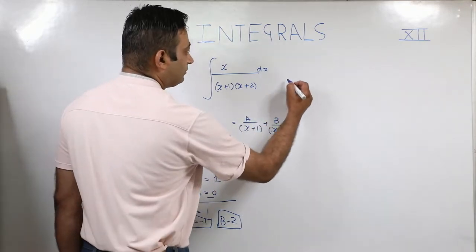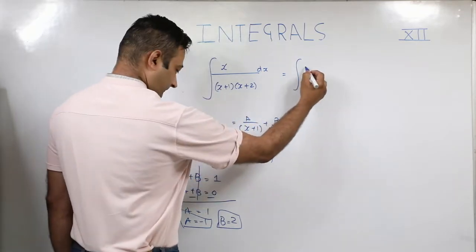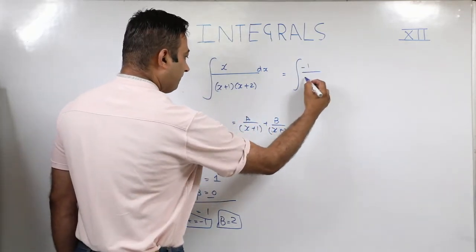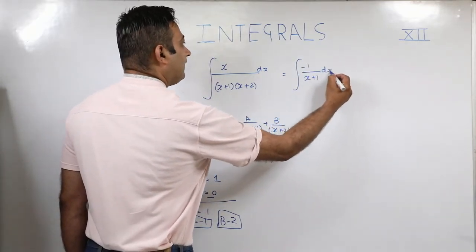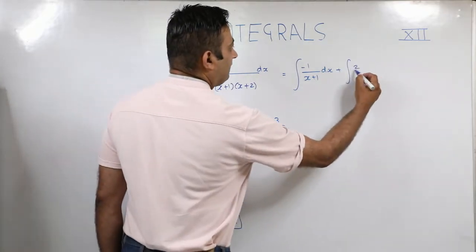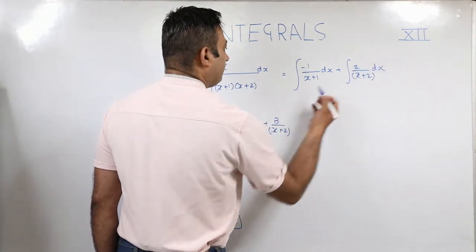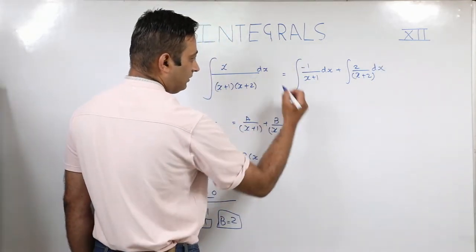So these are the values of a and b. Now we will use the partial fractions to split this. We'll get a, that is minus 1 upon x plus 1 dx, plus the second part, which is 2, that is b, upon x plus 2 dx. Now we'll simply integrate this.